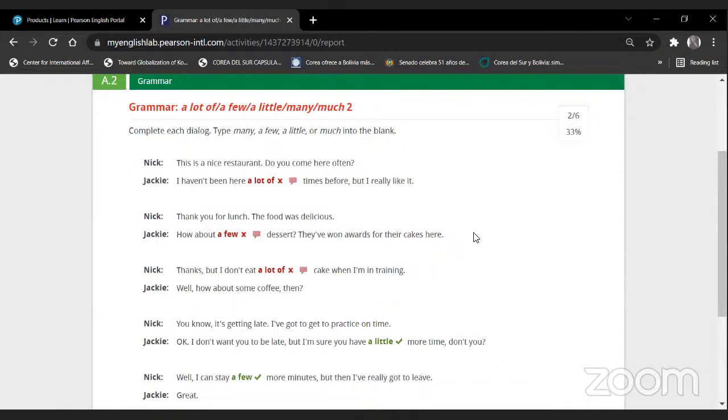Right? And what about cake? "I don't eat many cake when I'm training." No, because you are not using it in the plural, you are not using cakes, right? Okay, but a cake is countable. Yes. So it is a few? Depends, right? No. In this case, when we talk about food, it is always going to be non-countable.